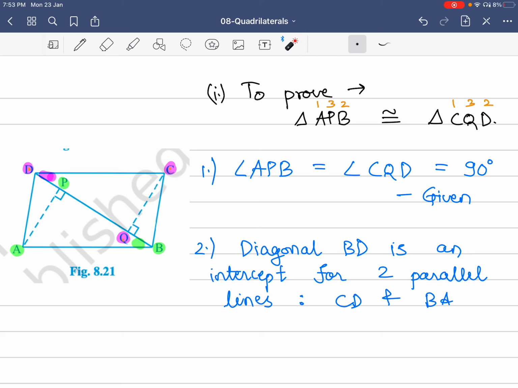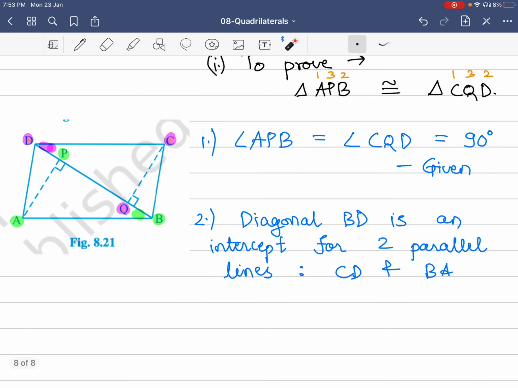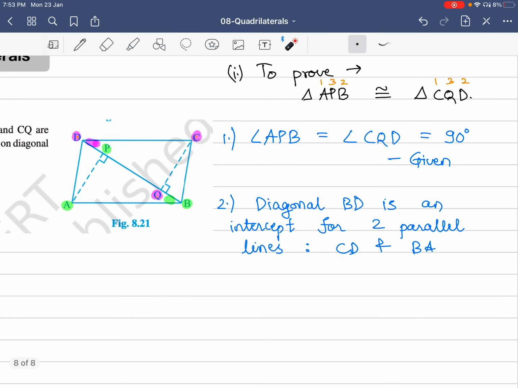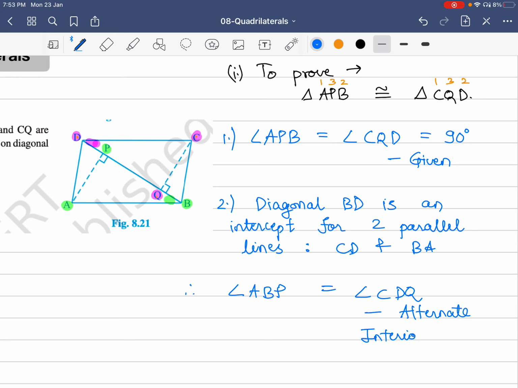Therefore, let's follow this 1 2 3, angle ABP is equal to angle CDQ. Why? Because alternate interior angles. Yes. So in order to prove these two triangles are congruent, we have proven that two angles are equal to each other.